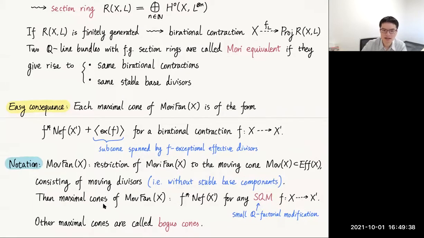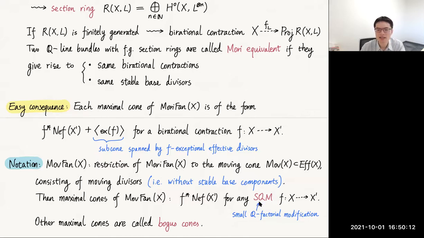And from the picture above, we see that the maximal cones of the moving fan are simply this part, only this part, because we don't have any exceptional divisors anymore. So it's a simpler part of this Mori fan. And also, we are not contracting anything. So in this case, it's just some small modification.